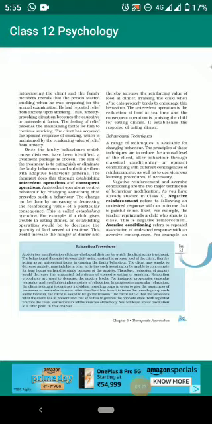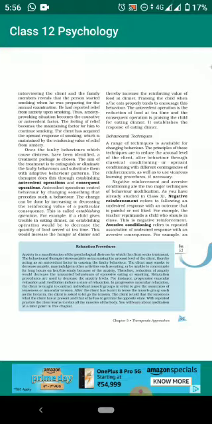The various techniques used in behavior therapy are, first, negative reinforcement. Negative reinforcement refers to following an undesired response with an outcome that is painful or not liked. For example, the teacher beats the child when the child does not listen in class.